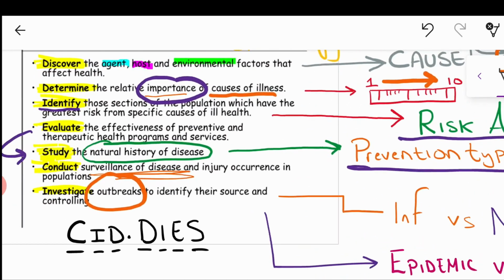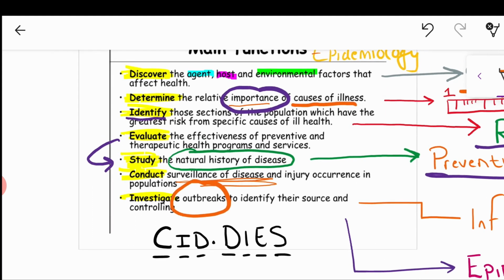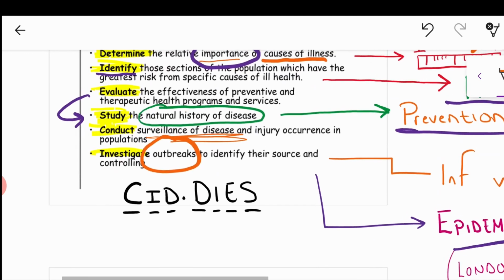Evaluating. So here it's pretty simple. We just want to look at the preventative measures, the health services. How does it prevent the spread of disease? Study, especially studying the natural history of disease. This is important in preventing spread of disease, as we will see in a minute. And it's related to evaluation in the sense of health prevention.